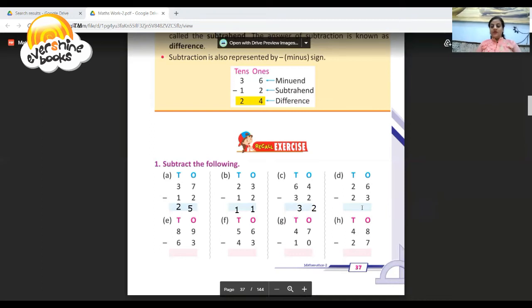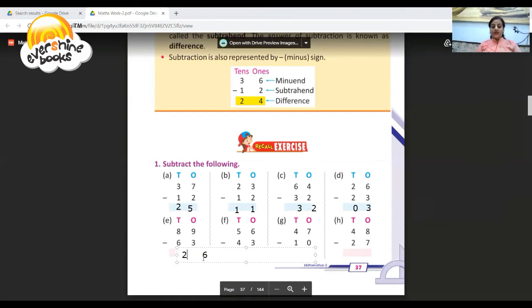6 minus 3 is 3, and 2 minus 2, the same number, is coming. So we get 0. 9 minus 3 is 6, and 8 minus 6 is 2.